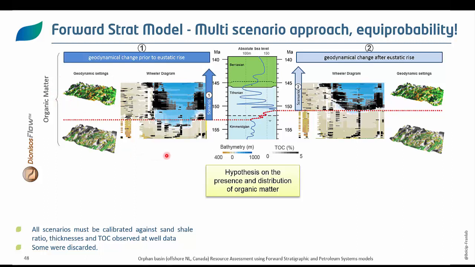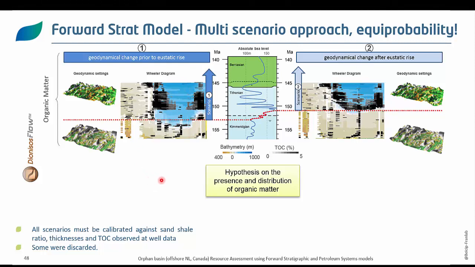What we also know is that during this transition, the eustacy records a significant sea level rise, which is associated worldwide to the deposition of one of the most prolific source rocks ever. So the hypothesis here is about the synchronicity of those two parameters, geodynamics versus eustacy, and the impact on the spatial distribution and richness of the source rock.